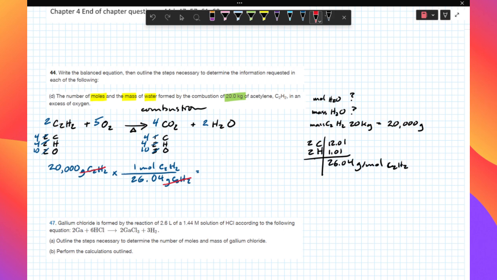Those cancel out, and so we do 20,000 divided by 26.04, which gives us 768.05 moles, because our top right now is our units that we're keeping, moles of acetylene.